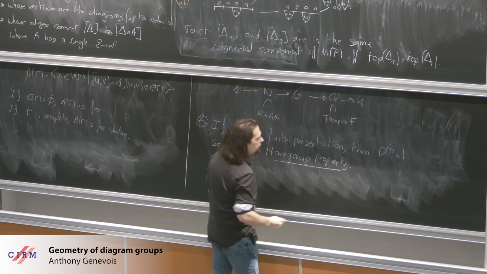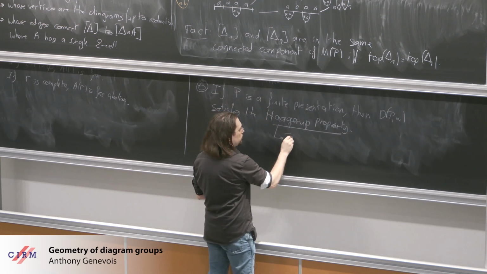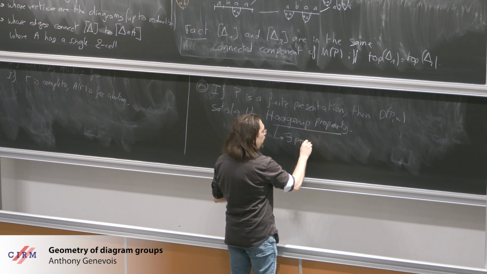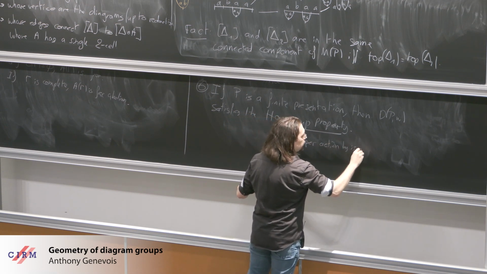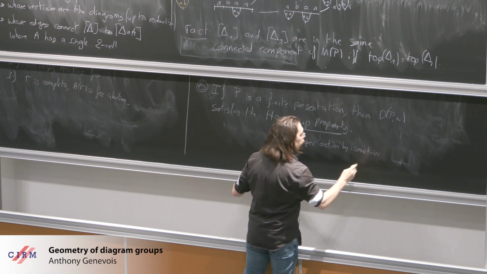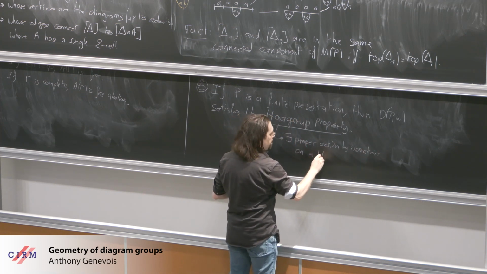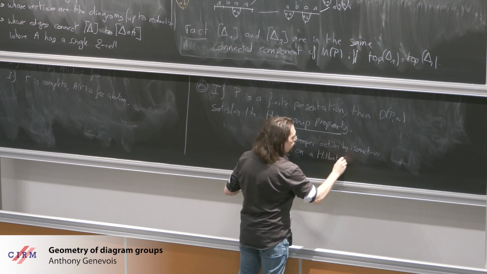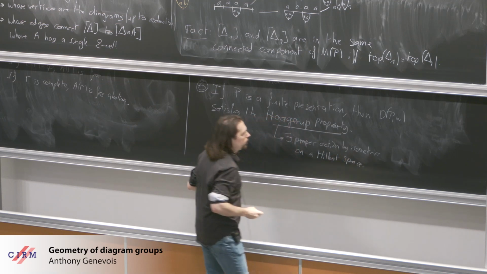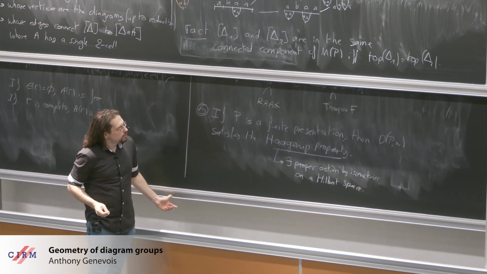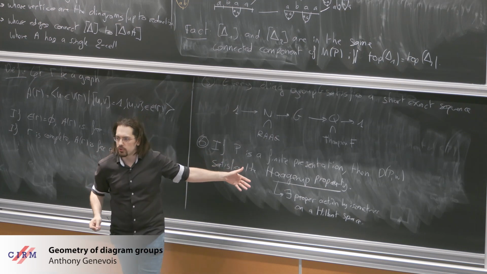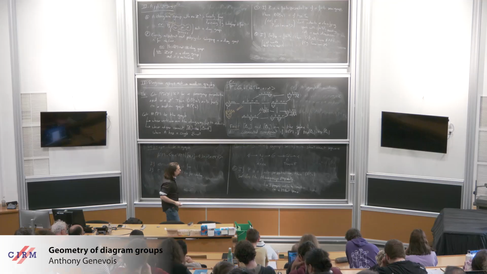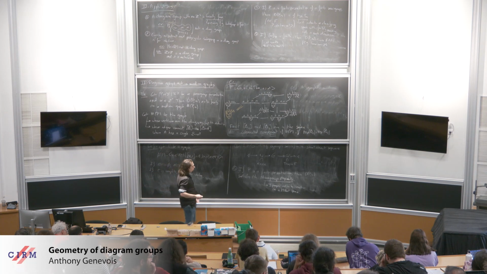So it means that there exists a proper action by isometries on a Hilbert space. Okay, so it's a property that basically tells you that there is some compatibility between the geometry of the group and the geometry of Hilbert spaces. Okay, that you have a proper action on a Hilbert space.